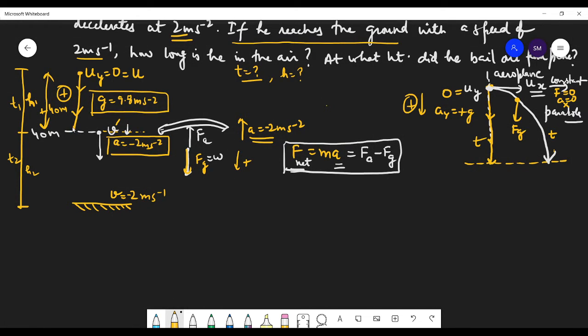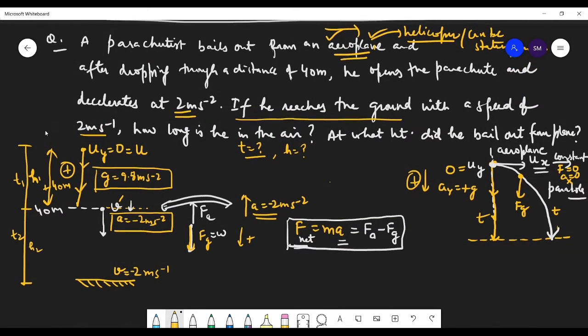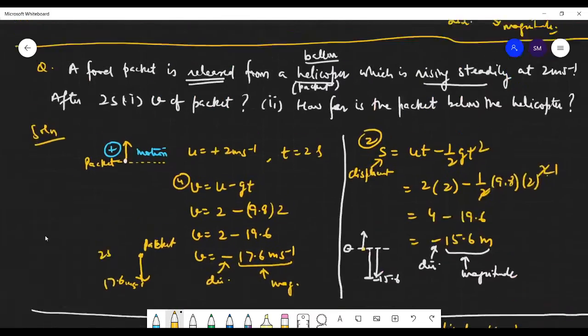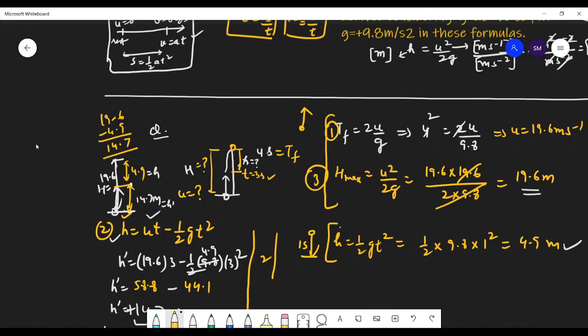So, students, simple thing, we need to find T1. What is T1? We have the formula. Which formula are you going to use? Keep your formula sheet with you. What are the three formulas we have derived for the downward motion?